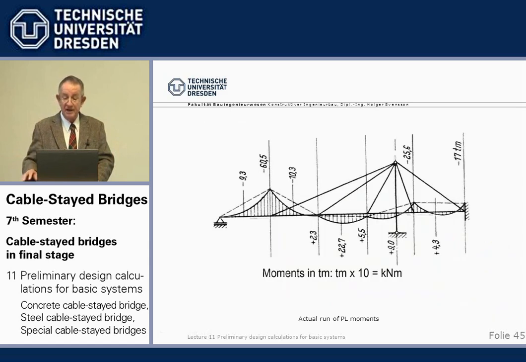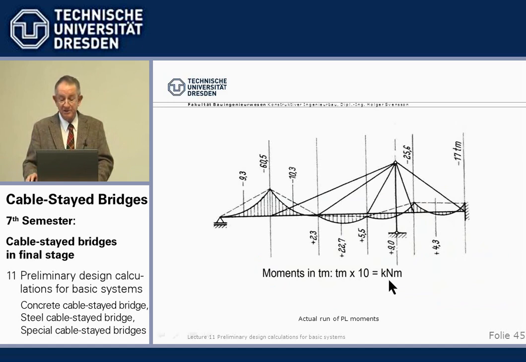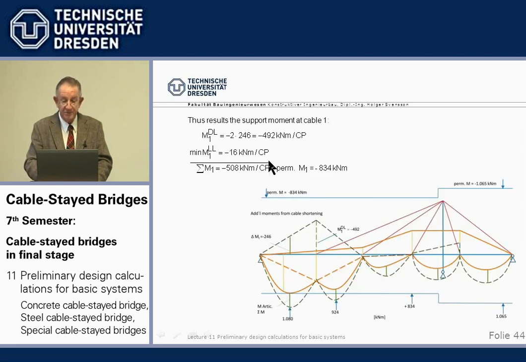So at the end of all this, we had a run of moments that's still in ton meters. It's a calculation from 1960, which I used here. But still, this is the run of moments. You see, we went here to times 10 to the minus 605 at that time. We had the 492, but there's some room to the 834, and about in the middle, finally, the run of moments was chosen.